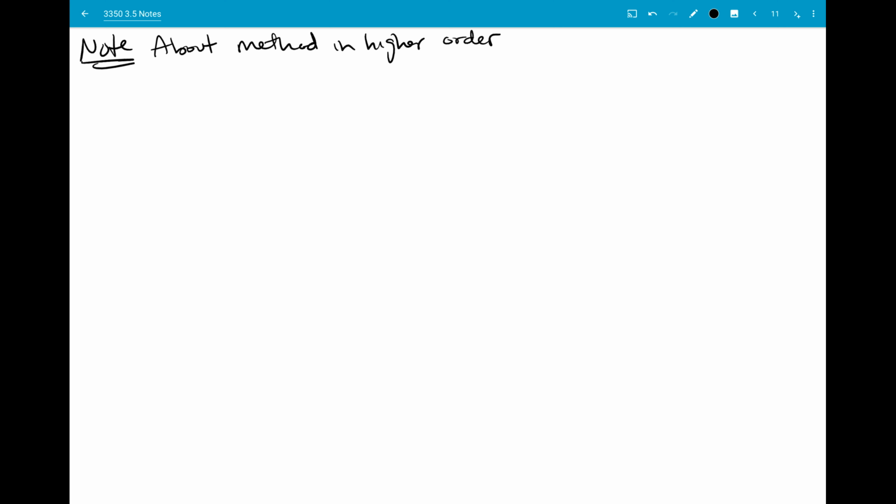So we technically can use variation of parameters on higher order problems. The only problem is that it becomes very messy.